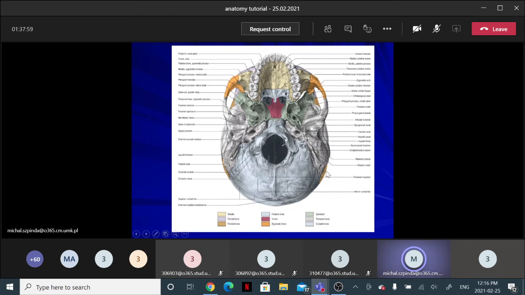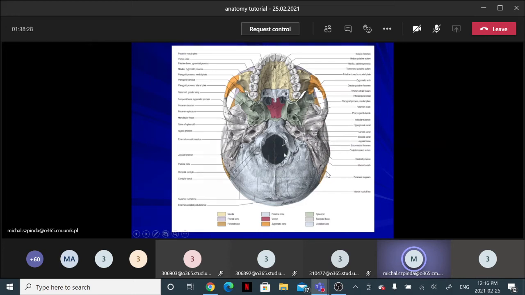The occipital condyles somewhat overlap the foramen magnum. Because of this, the foramen magnum's transverse diameter is smaller in front than behind, because 2 occipital condyles overlap it in front.